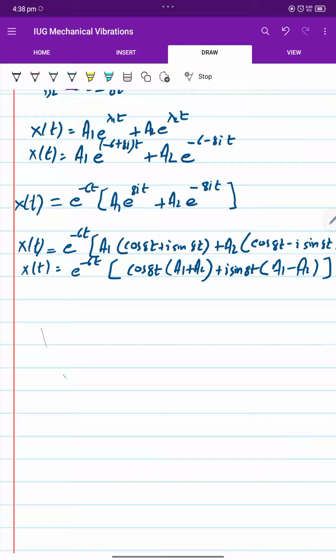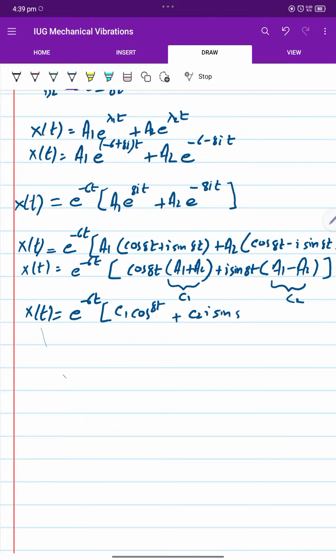Since a1 and a2 are constants, their sum is also a constant, so we can define new constants, c1 and c2. So x of t is e exponent minus 6t times c1 cos 8t plus c2 iota sine 8t.